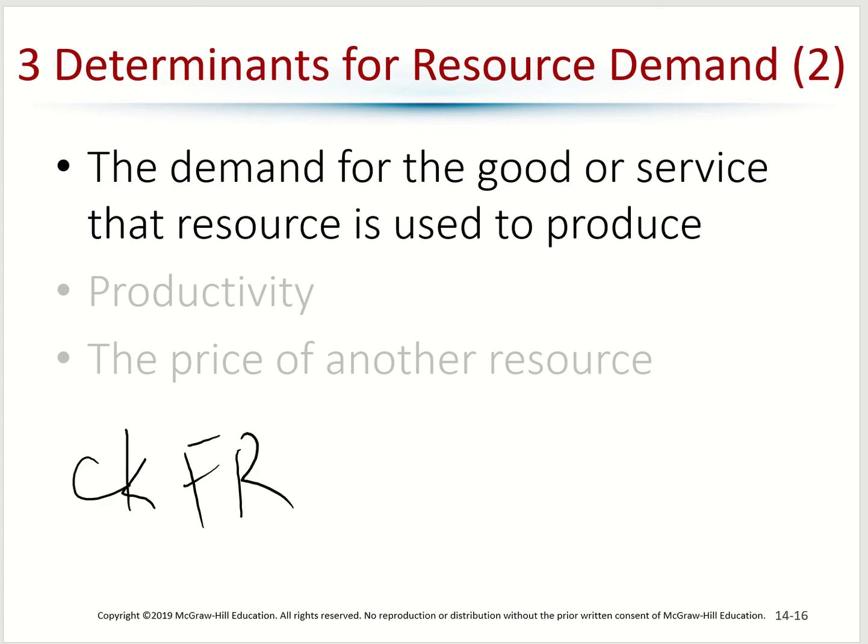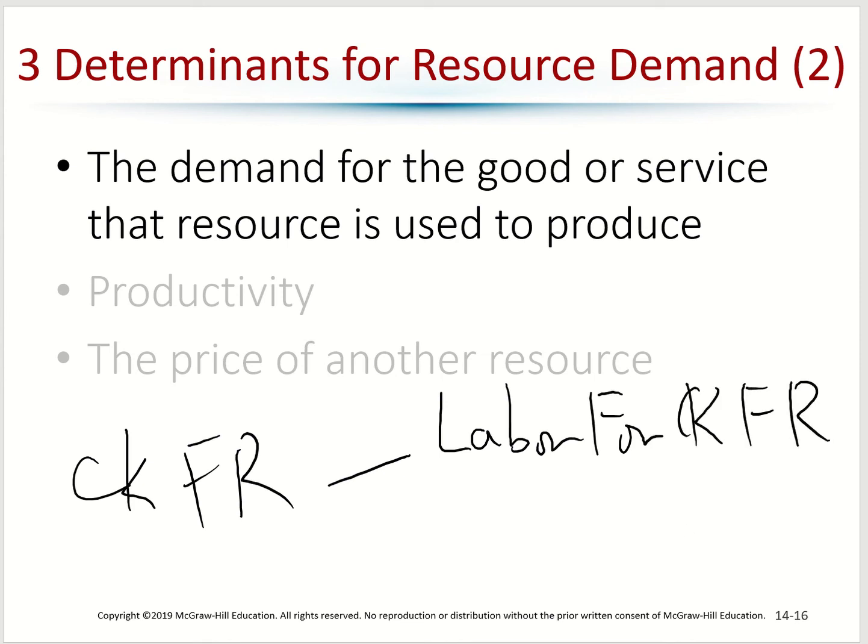I don't produce anything else, and I hire my chefs, my employees, labor for chicken fried rice. These people are my chicken fried rice specialists, and they can make very good chicken fried rice.